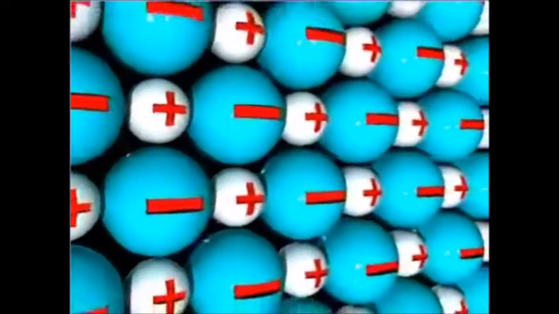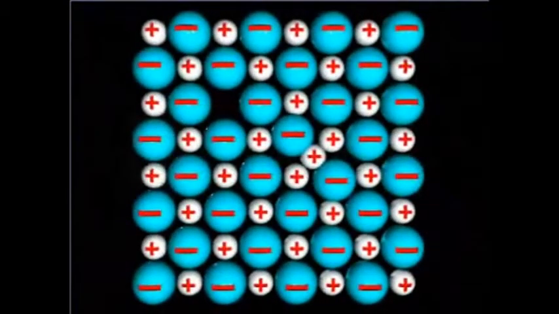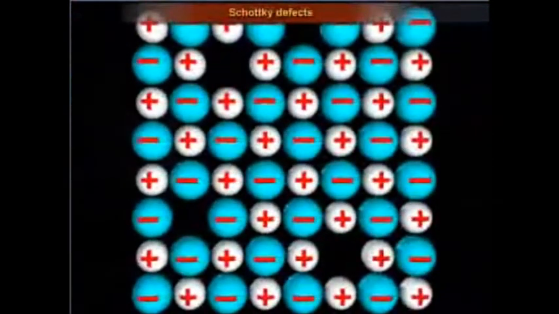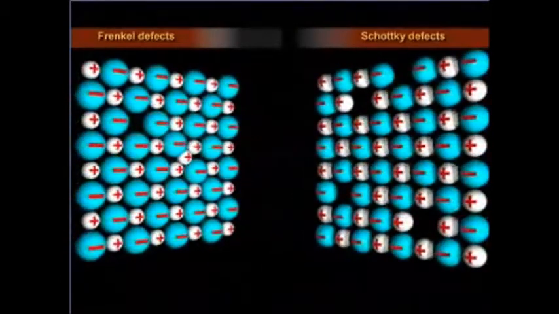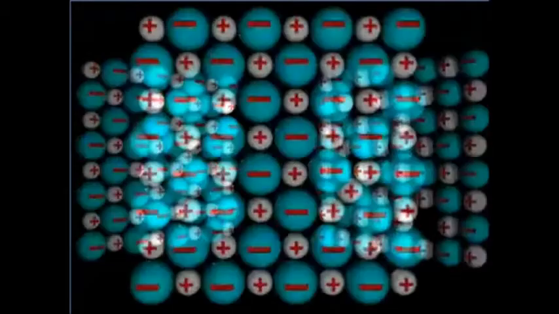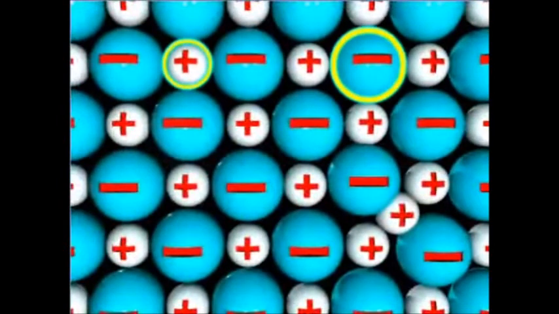On the other hand, in case of ionic solids, the stoichiometric defects exist as Frenkel defects and Schottky defects. In both the Frenkel and Schottky defects, the electrical neutrality of the substance remains maintained. Frenkel defects arise in the ionic crystals having large difference in the size of the constituent ions.